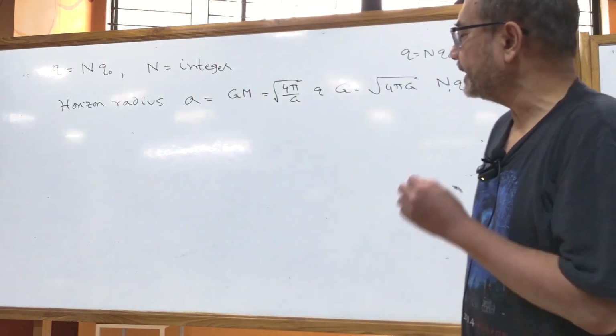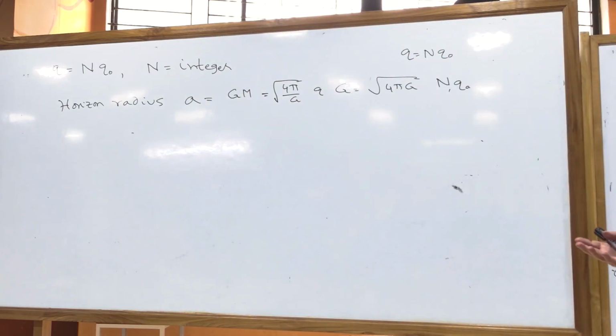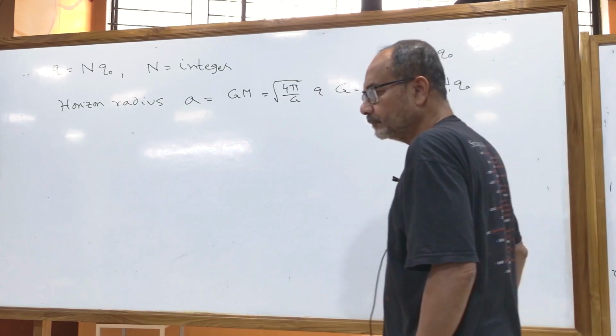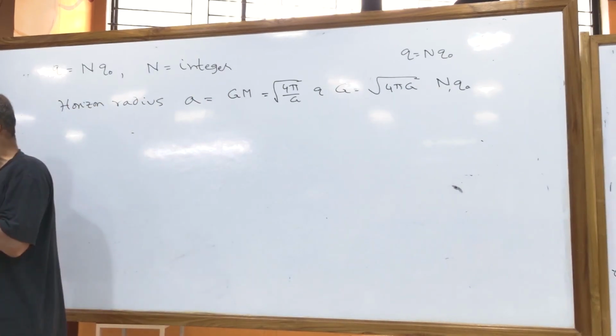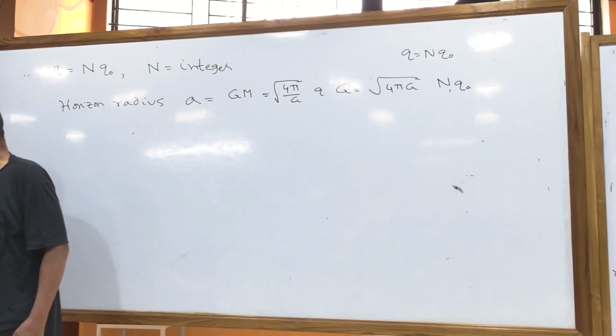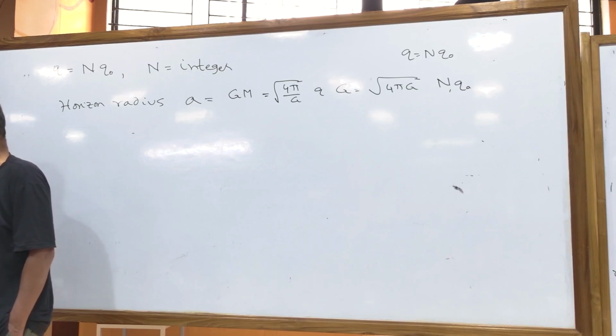Now, in this case, there is one more length scale that is useful, which has nothing to do with gravity. If you have an object of mass m, once you set c and h bar equal to 1, m has a dimension of inverse length. That is familiar to everybody?